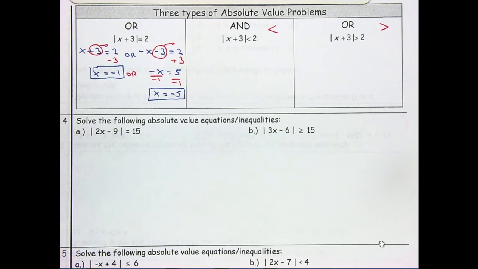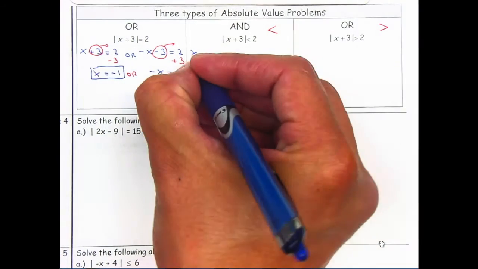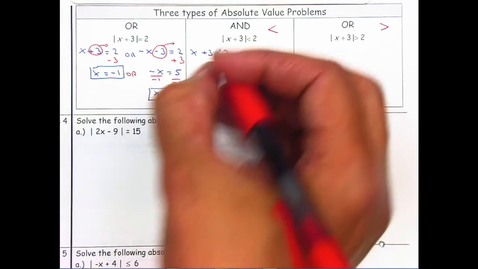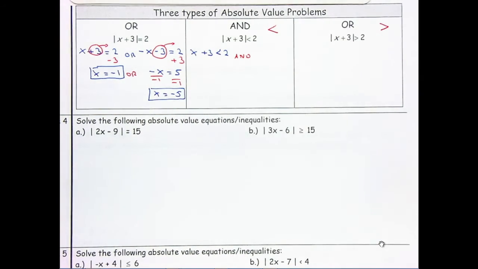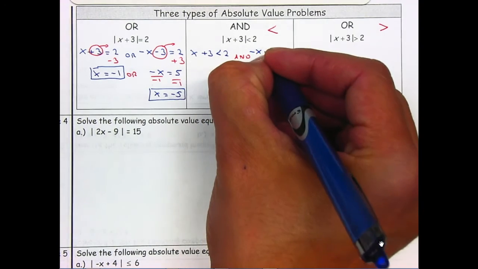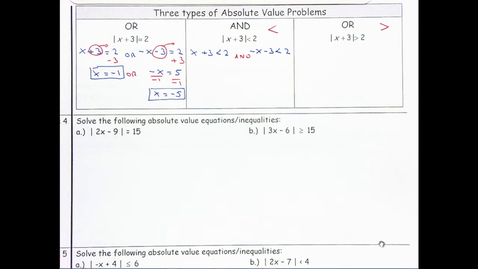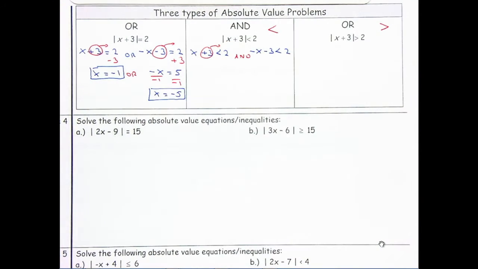If it's a less than, it's going to be an "and," and it's solved exactly the same way. We have x plus 3 is less than 2, and negative x minus 3 is less than 2. We're going to solve it the same way. We're going to move the 3 to the right, becomes a negative 3.